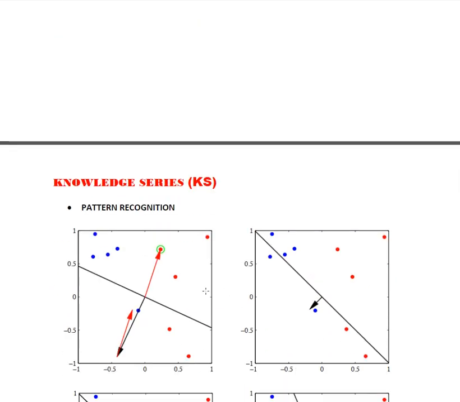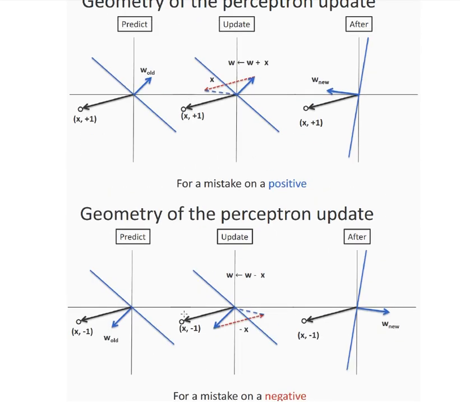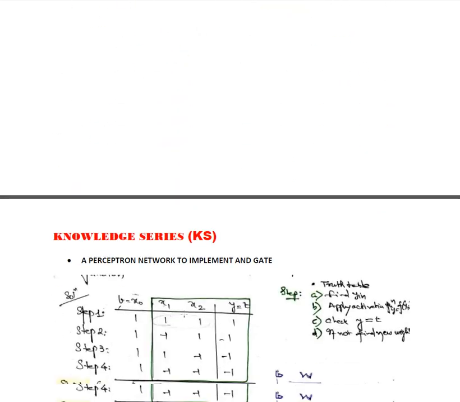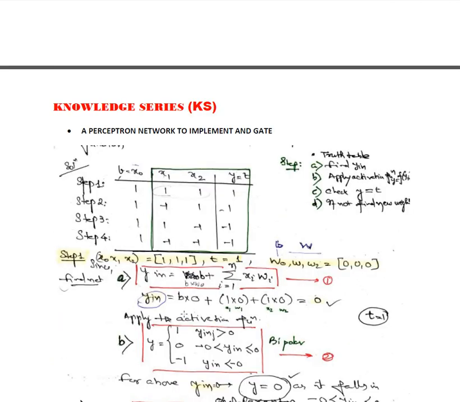Now further, we will go for one numerical problem. This numerical problem is basically on the perceptron, and it will give you an idea so that you can study further with respect to this example for different models.